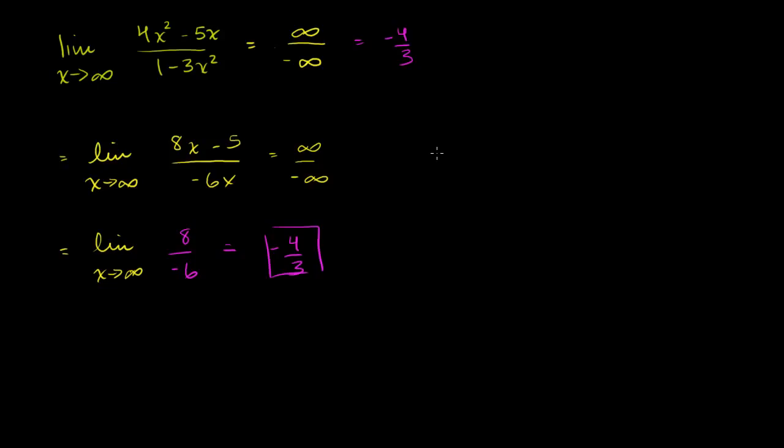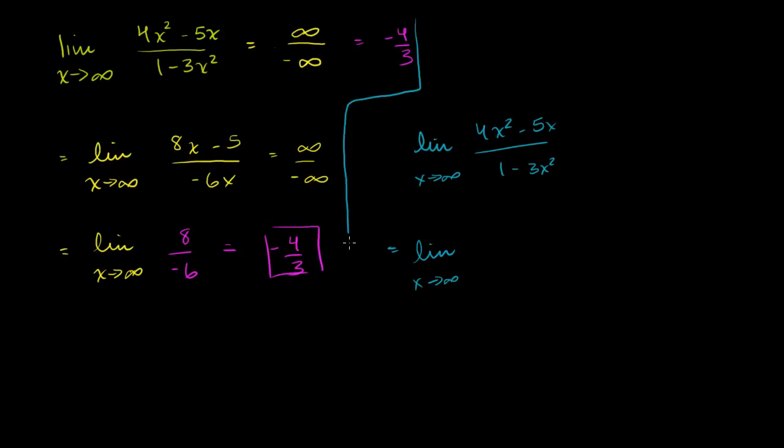You could have said that the limit as x approaches infinity of (4x squared minus 5x) over (1 minus 3x squared) is equal to the limit as x approaches infinity of, let's factor out an x squared from the numerator and the denominator.